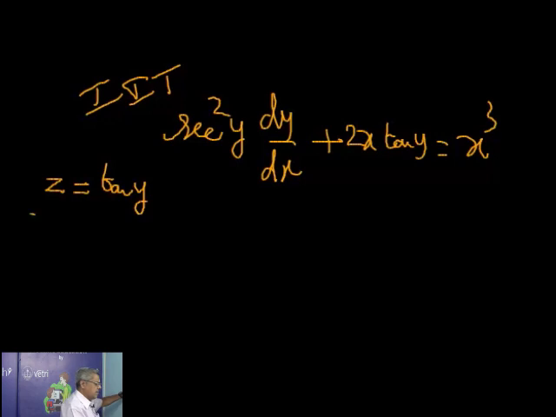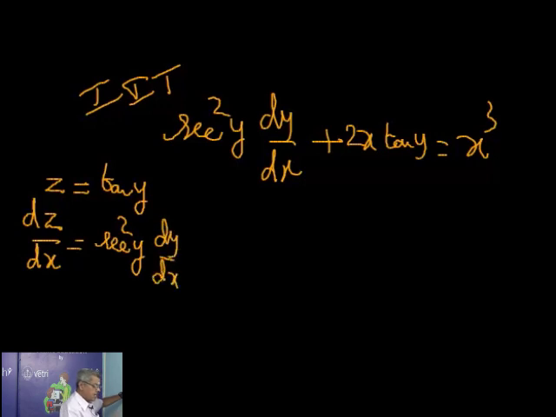Therefore, differentiating z with respect to x, you get secant square y into dy by dx, because of the function of a function rule. I repeat again, z is a function of y, where y is a function of x. Differentiating with respect to x, you get secant square y, again differentiating, dy by dx.